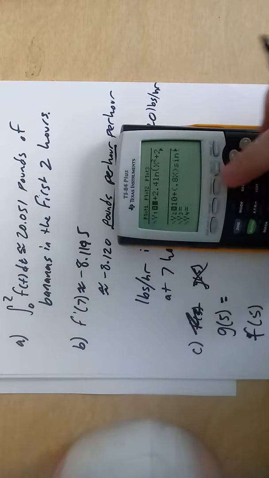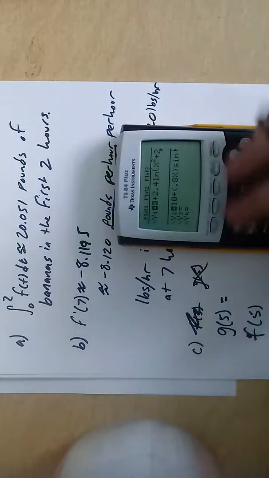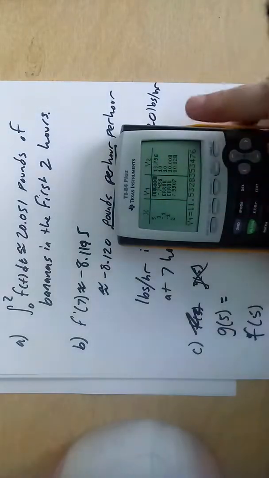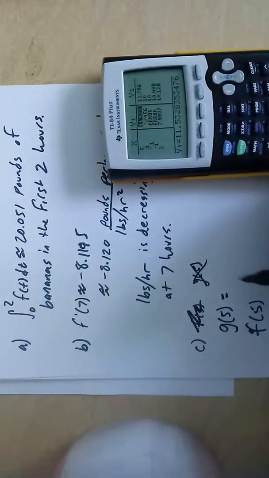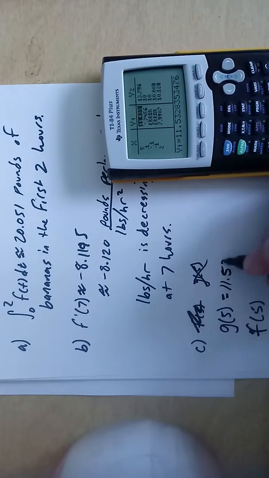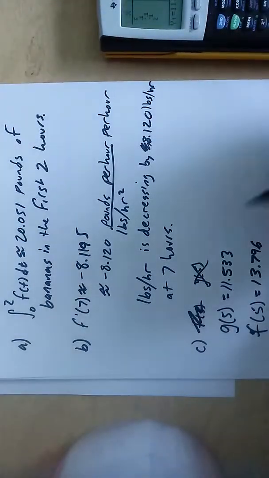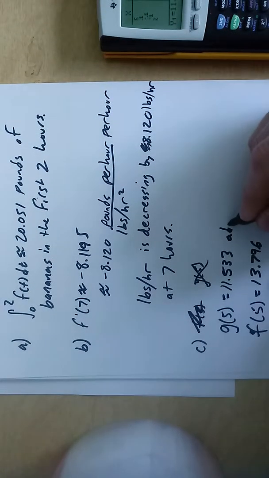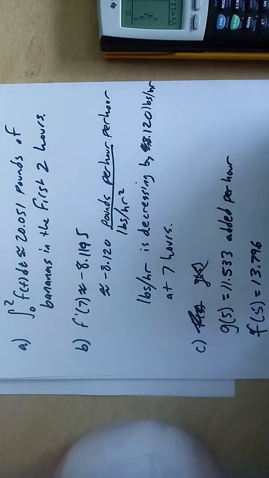In y1 I had g, so g of 5 is equal to 11.533. F of 5 is equal to 13.796. So these are my added per hour, and these are my removed.